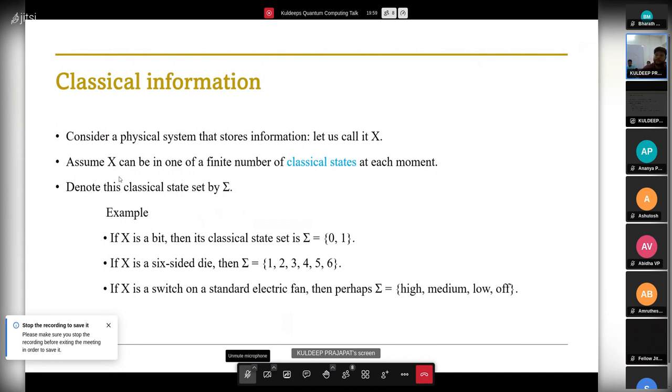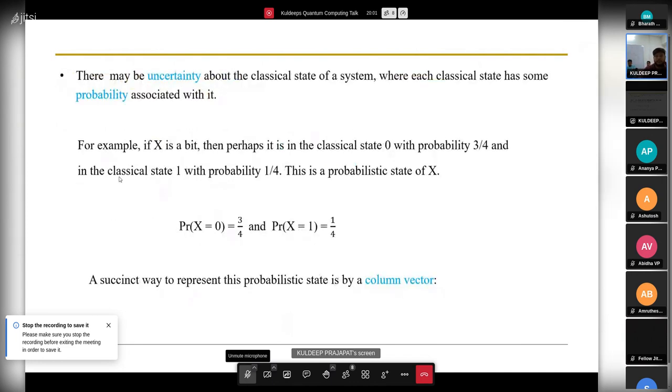But sometimes, at a particular moment when we share the information, we don't know with certainty which classical state the system is in. So there might be some probability associated with the system. For that we have the probabilistic state, and with every state we have an associated probability.